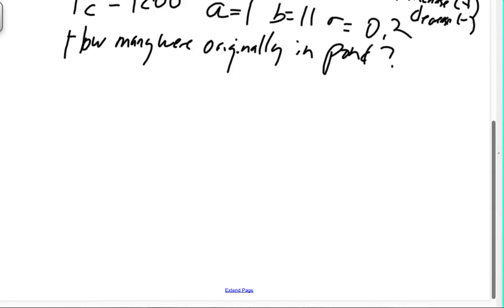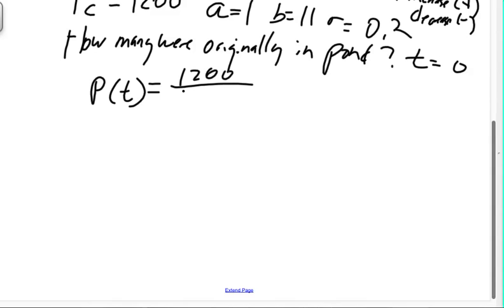Well, this is relatively easy. Here t is 0. So we're going to plug into our logistic formula. The population at time t will be equal to our carrying capacity over 1 plus 11 times e to the negative 0.2t.